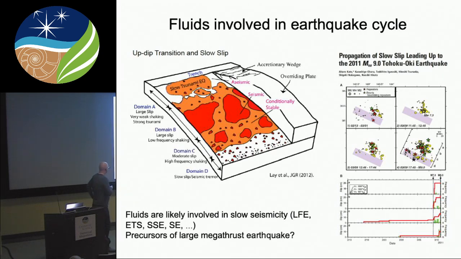And an important point also is that these events are thought to be potential precursors of large megathrust events like the one that occurred in 2011 in the Tohoku region.